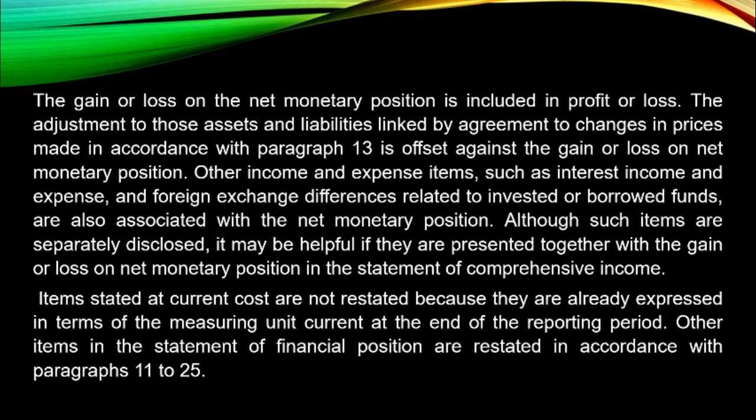The gain or loss on the net monetary position is included in profit or loss. The adjustment to those assets and liabilities linked by agreement to changes in the price index, made in accordance with this paragraph, is offset against the gain or loss on net monetary position.